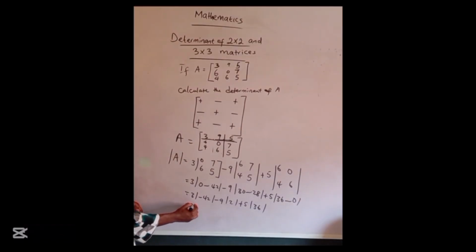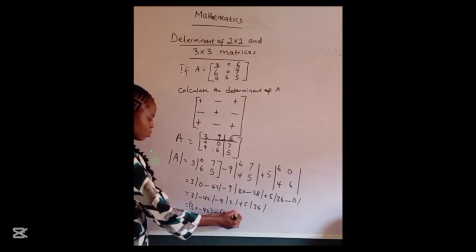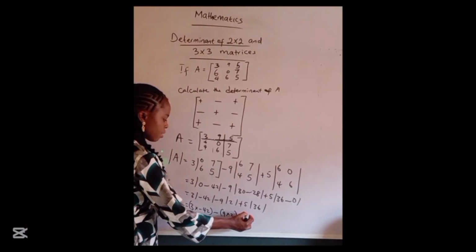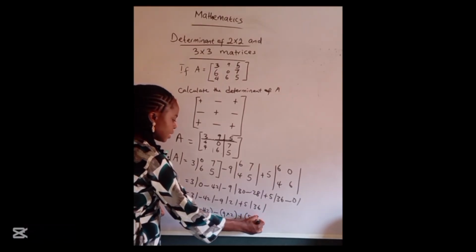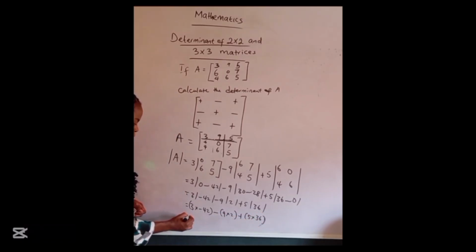Okay, so we have 3 times minus 42. You are scaling now. Minus 9 times 2 plus 5 times 36.